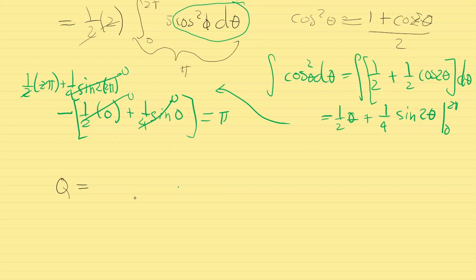So the answer will be 5 pi, and the unit is coulomb. So 5 pi coulomb. That's the total net charge from 1 to 2 radius with a varying volume charge density.